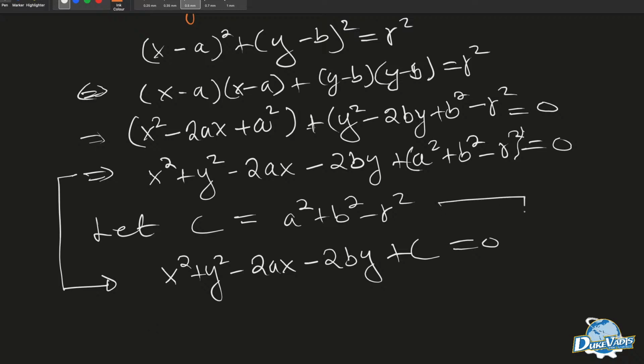So from here, we can make r the subject. Have you seen that? If you make r the subject, then we have a squared, b squared, and so r will be equal to the square root of c minus a squared minus b squared.